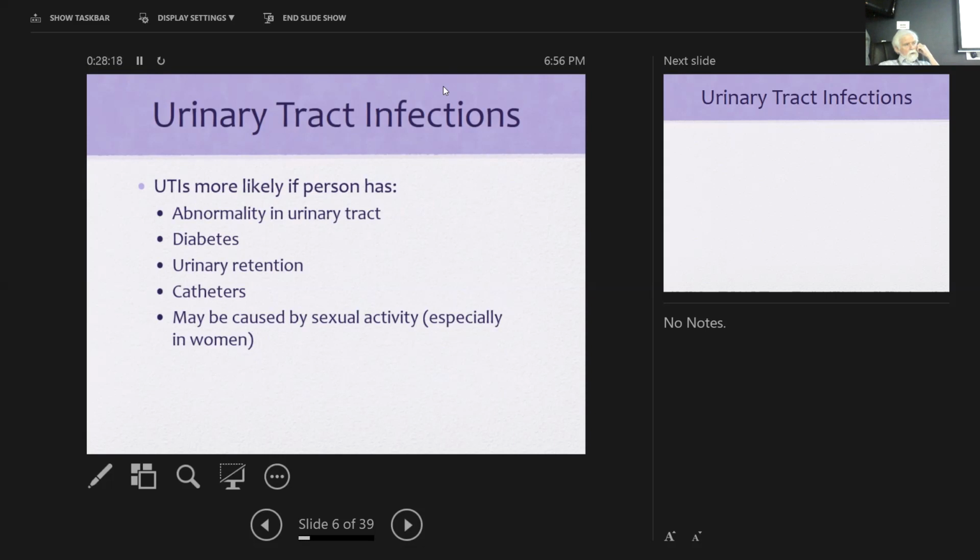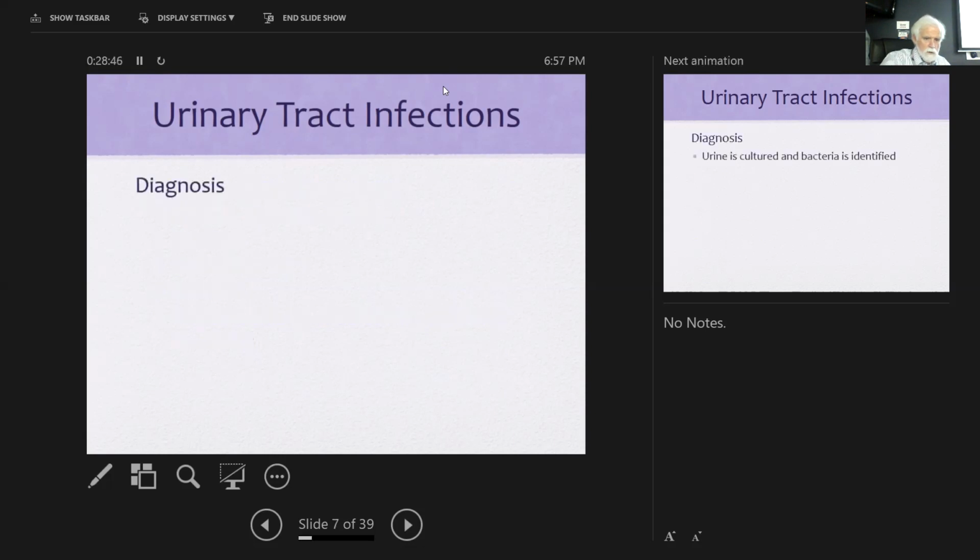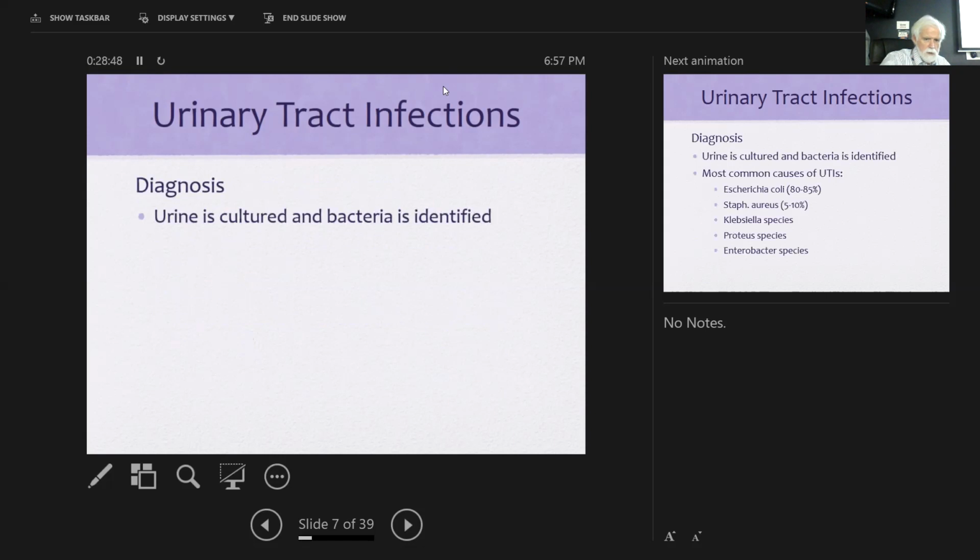Women can be exposed to UTIs with sexual activity because bacteria get transferred from skin to the area around the entrance to the urethra. Diabetes is another source of these things because of other problems with the immune system.